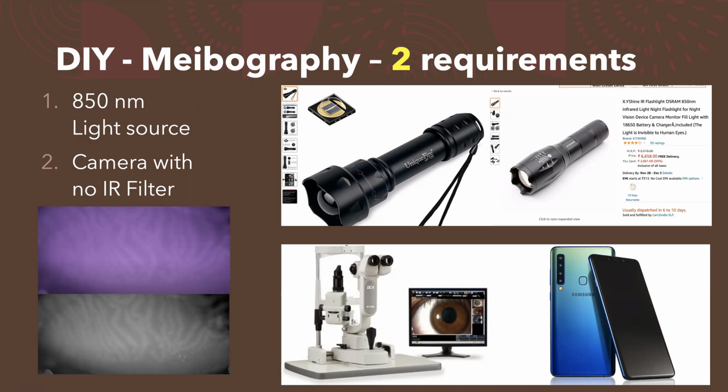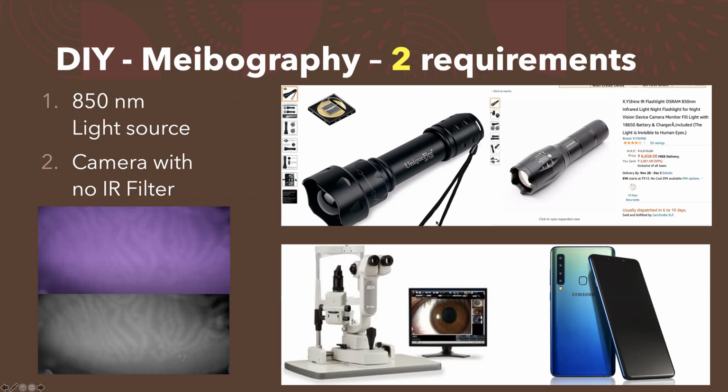The light that comes out of it will not be visible to the naked eye, but once you shine this light and try to capture it with a camera that does not have an infrared filter, see, this for example is the light captured with a photo slit lamp, and when you do the color adjustment, you nicely are able to delineate these meibomian glands in the upper lid.